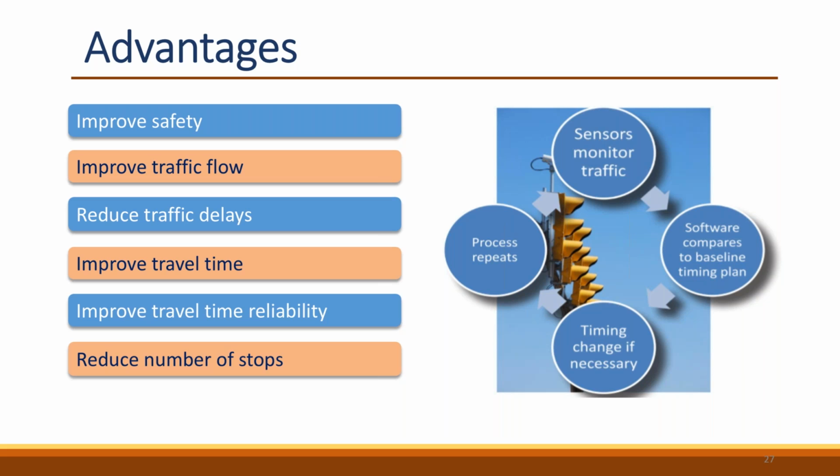I sound as if I'm repeating myself, but this is true for almost all TSMO strategies, they have similar advantages. In terms of safety, you improve safety by reducing crashes. In terms of mobility, you improve traffic flow, reduce delay, and improve travel time reliability.